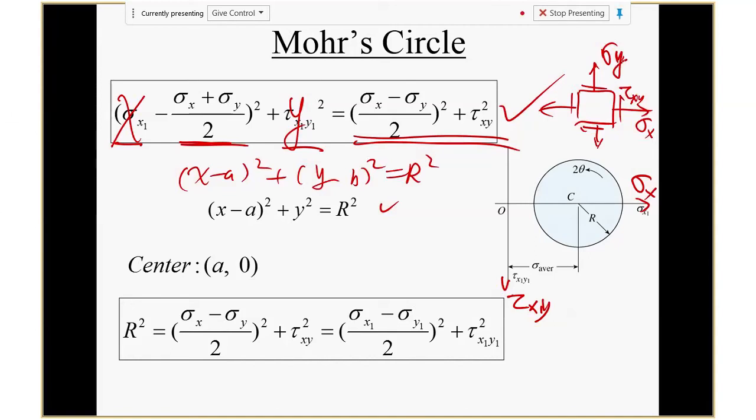You can draw the Mohr circle using this equation, because you know where the center is and the radius. So drawing this circle is not hard at all. Now, how can we use this circle?